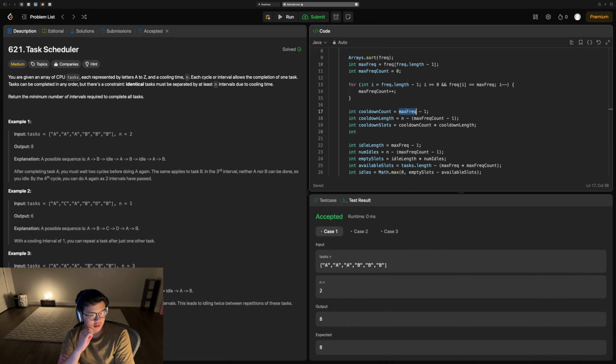Cooldown slots. So cooldown count times cooldown length is going to be the maximum amount of slots that we have to cool down.